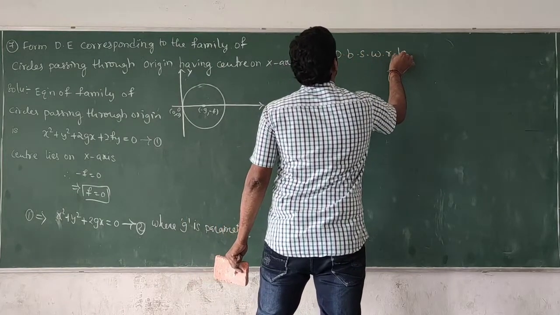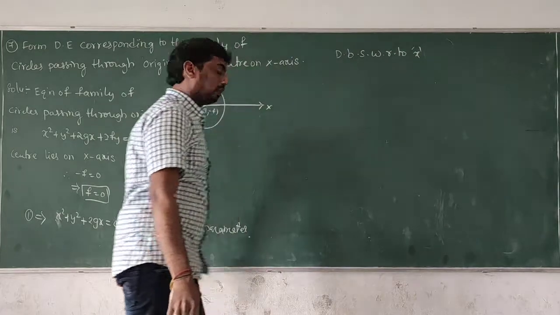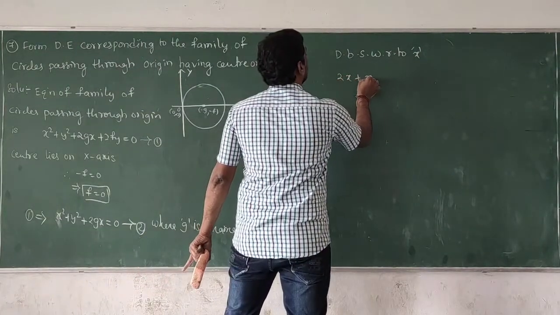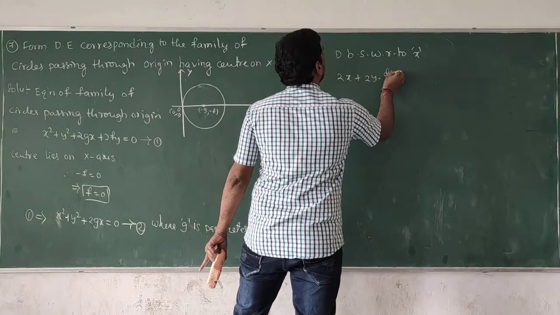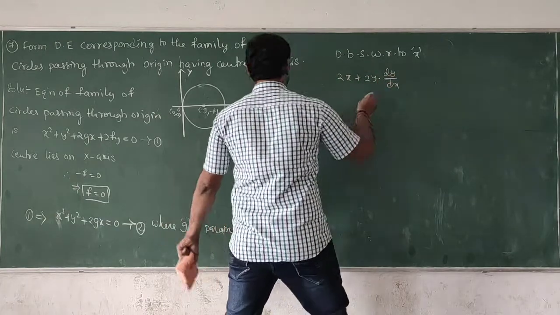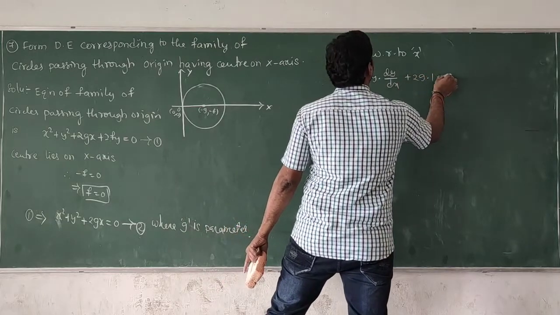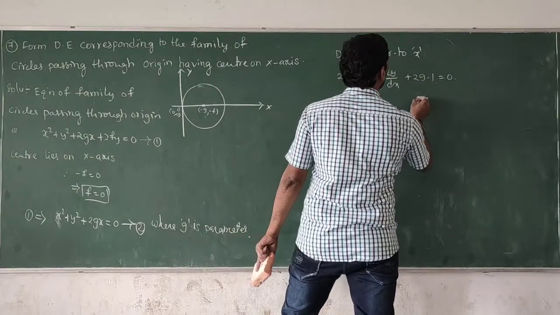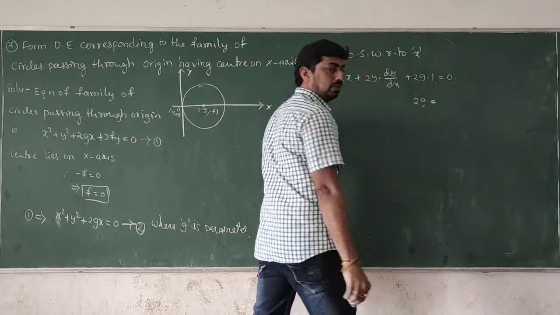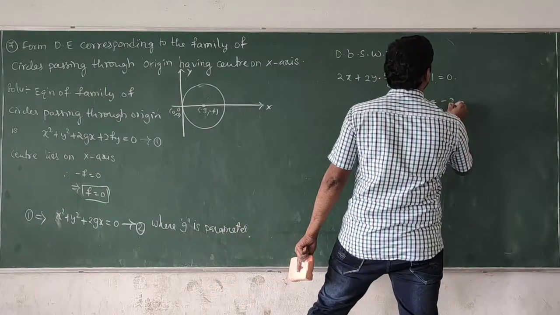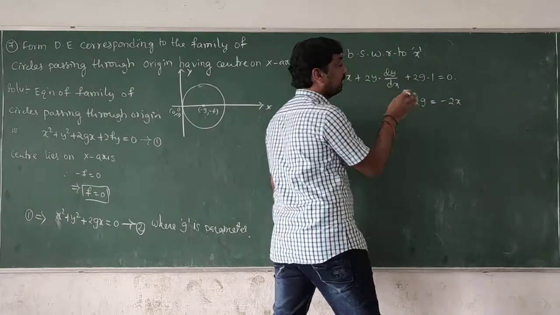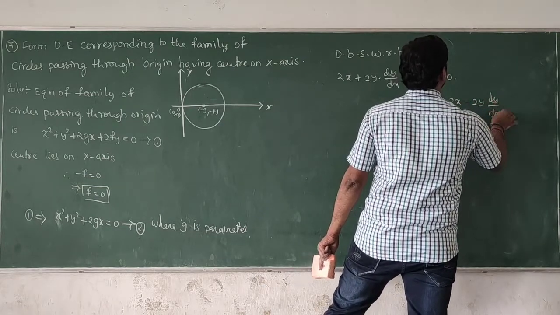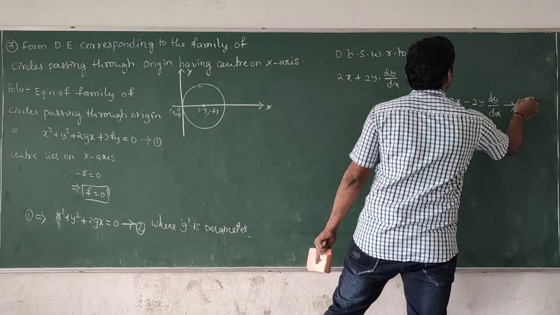The derivative of x square is 2x. The derivative of y square is 2y into dy by dx, plus 2g into the derivative of x, which is 1, equals 0. From this, 2g plus 2x, taking to the opposite side: 2g equals minus 2x minus 2y into dy by dx. Take this as the second equation.